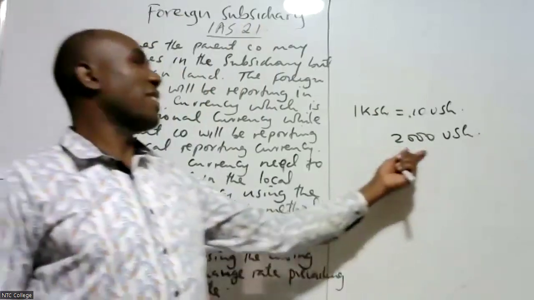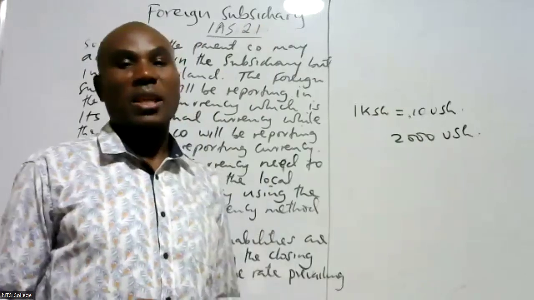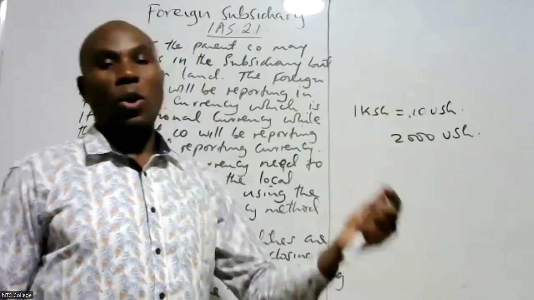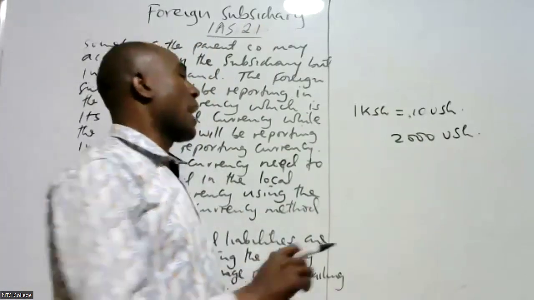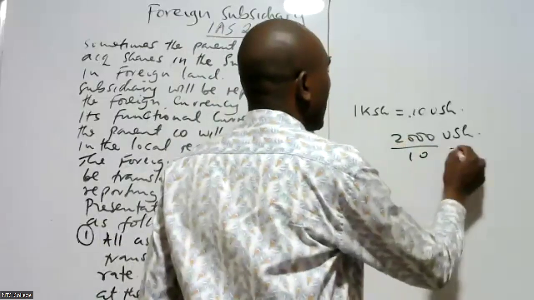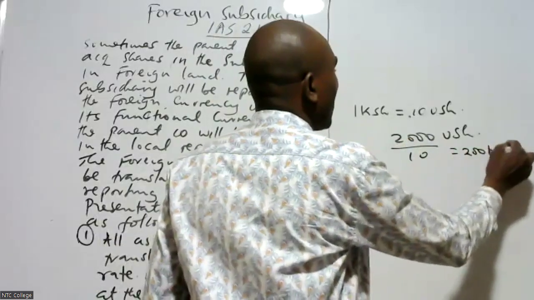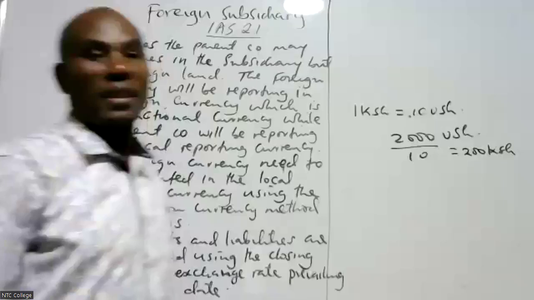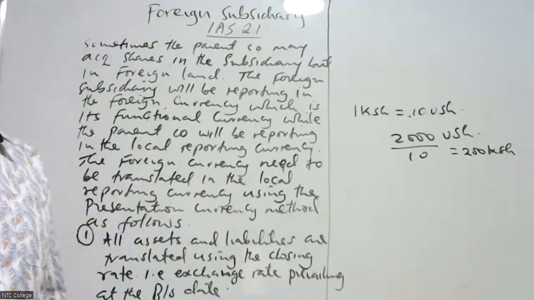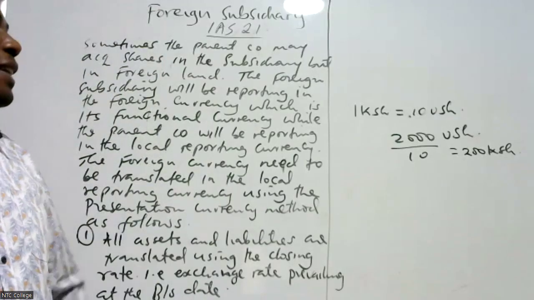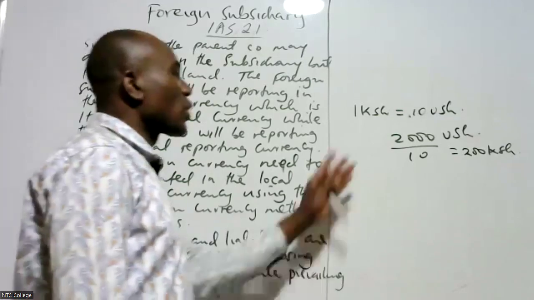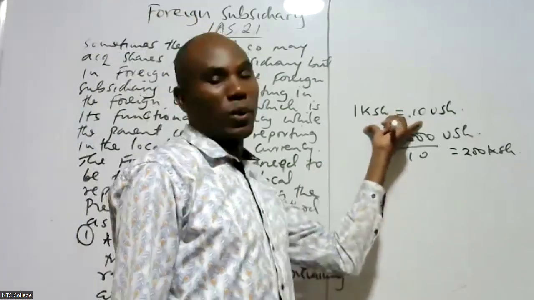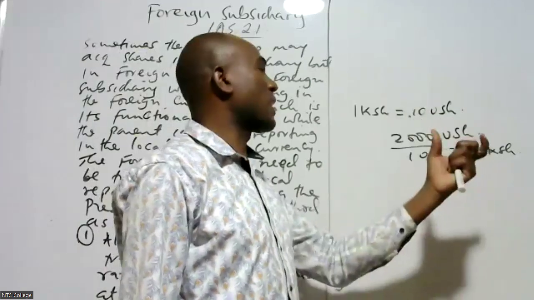Of course, I will divide by 10 so that I have 200 Kenya shillings. You divide, thank you very much, Ruth and Edwin. This is the concept behind what we are discussing, how to translate.